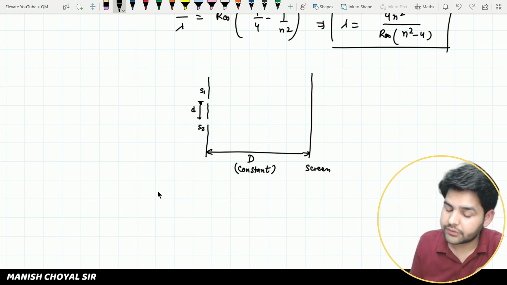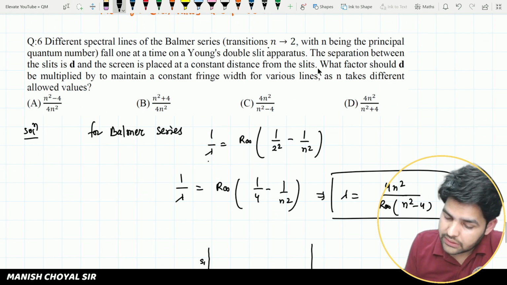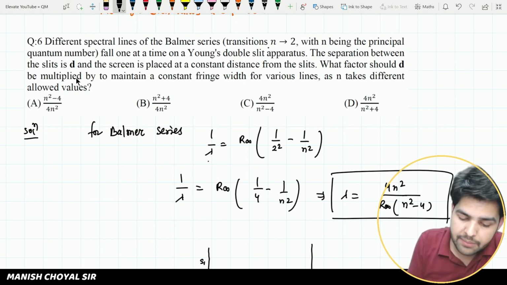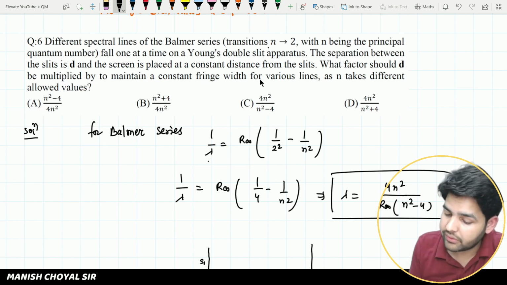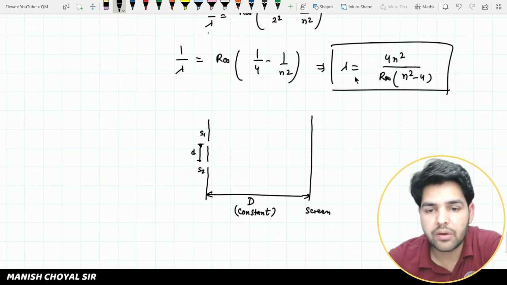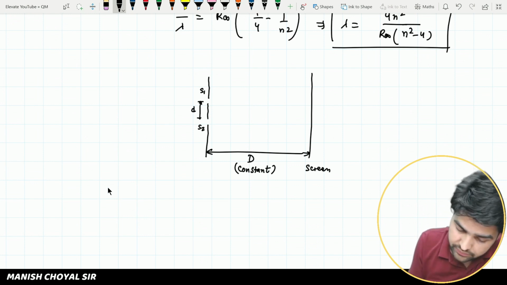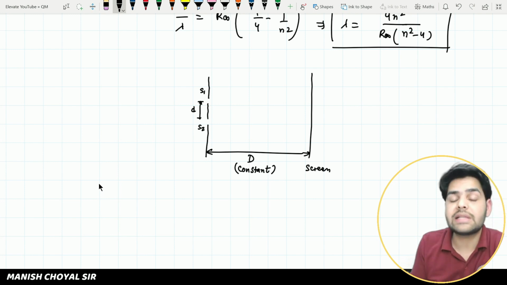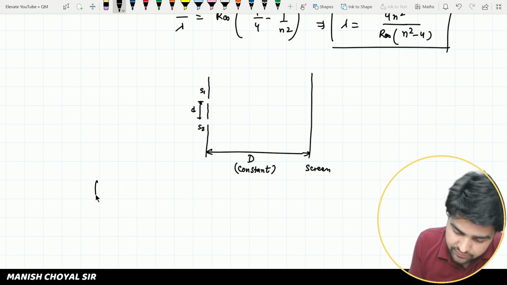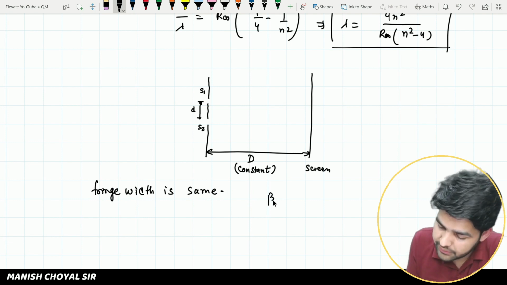Now the question: by what factor should d be multiplied to maintain a constant fringe width for various lines as n takes different allowed values. We already know that using Young's double slit the fringe width is the same, and the formula for fringe width is beta equals lambda capital D by small d.